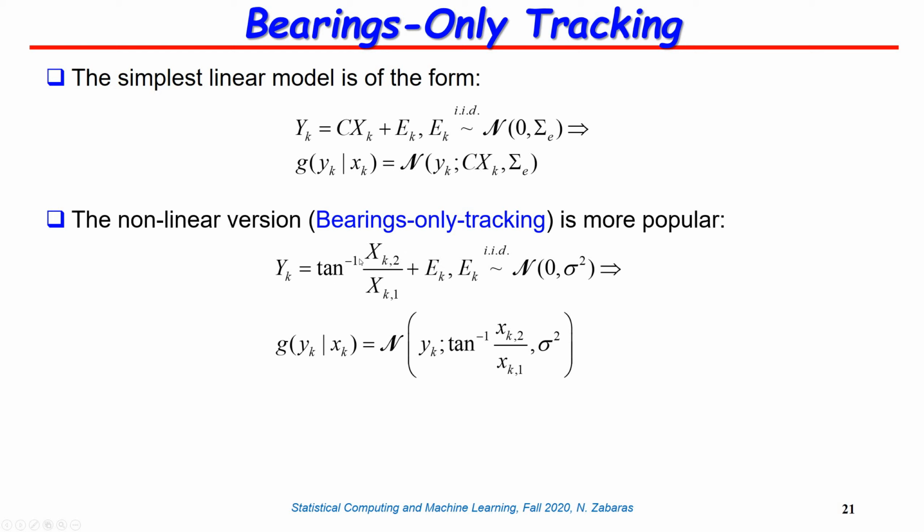So y is the angle plus some Gaussian noise, and obviously this angle is the inverse tangent of x2 divided by x1. So that's a highly nonlinear function. So the observation model here is non-Gaussian.